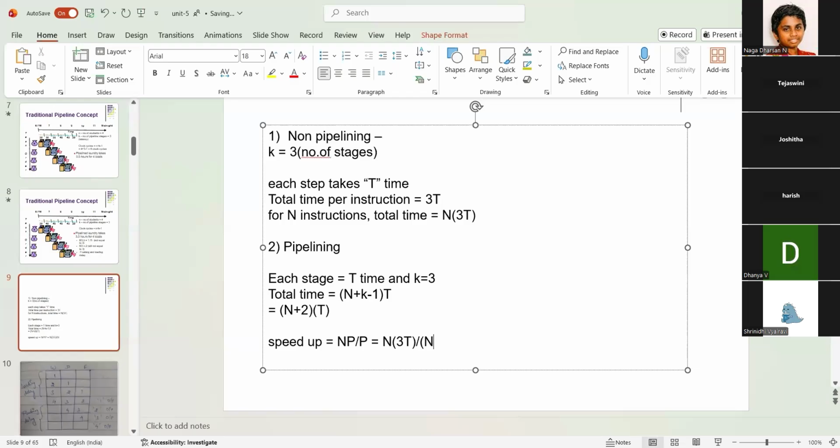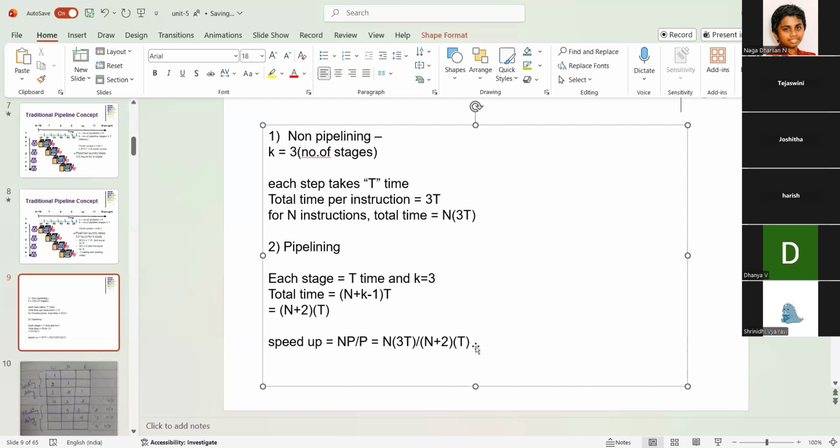Are you all getting till here? I'm just trying to explain why we consider speed up to be proportional to the number of pipeline stages. So if n becomes very large, the t and t get cancelled, right?